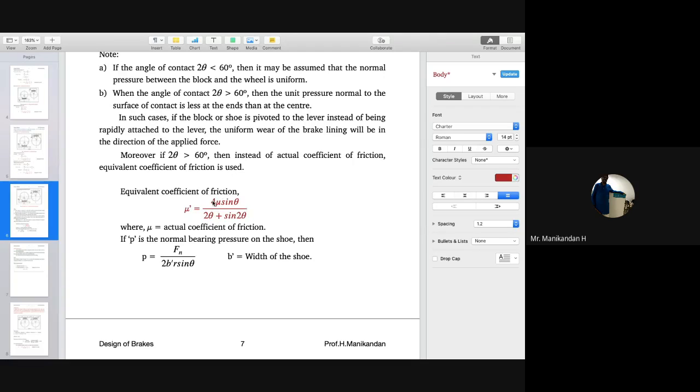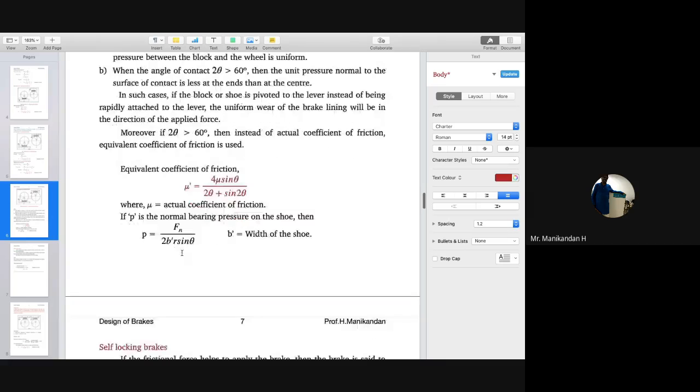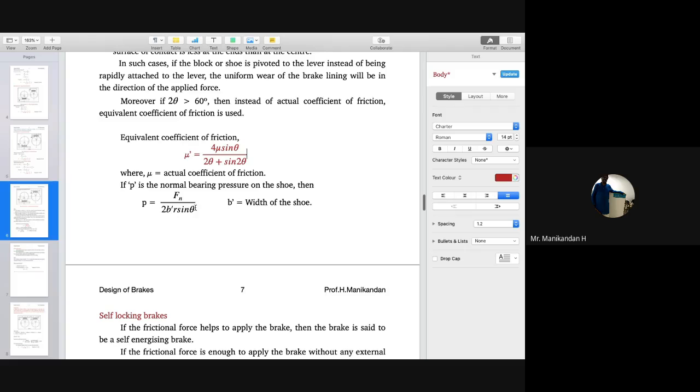So this is nothing but 4 mu sin theta, sorry, this is the coefficient of friction. And again, for normal pressure on the shoe, it is given by force by projected area, that is Fn divided by 2 b dash into r into sin theta. So you have to remember two things, because this formula is not there in the data book.